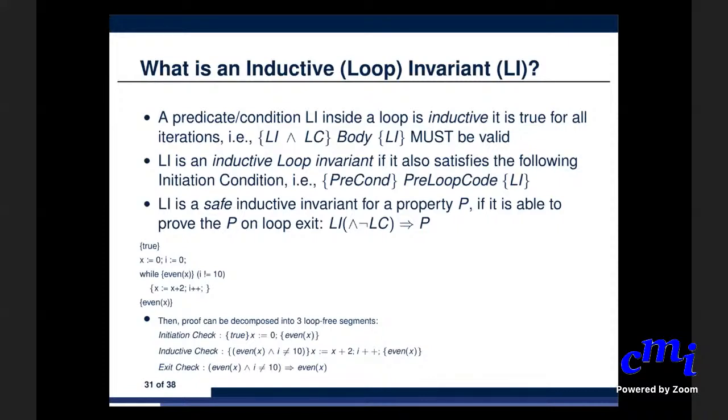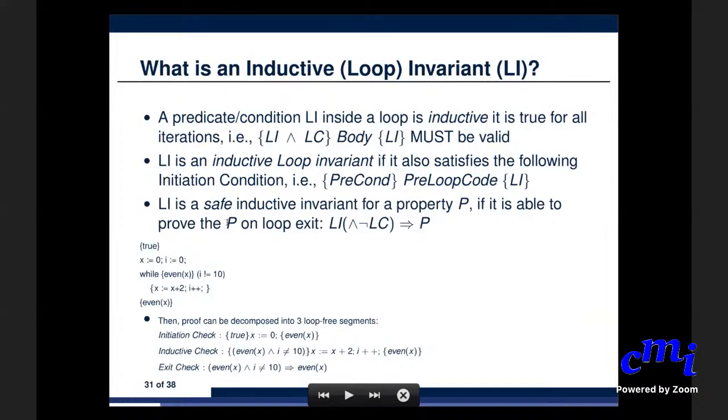as we have specified the problem, correct? And when the loop invariant predicate that you come up with is also adequate, or sometimes called safe, to prove the post property, that is the exit check, then we say that it is also safe.